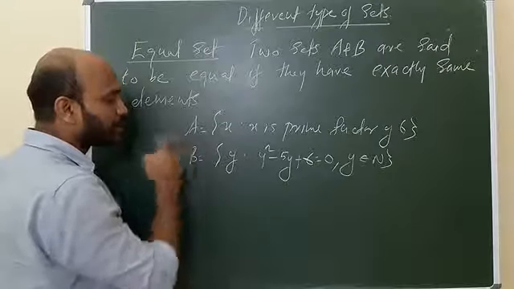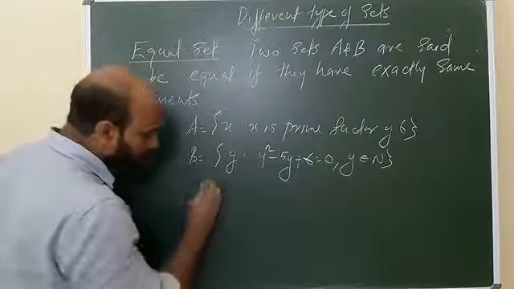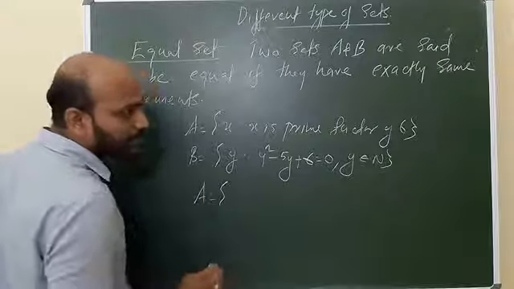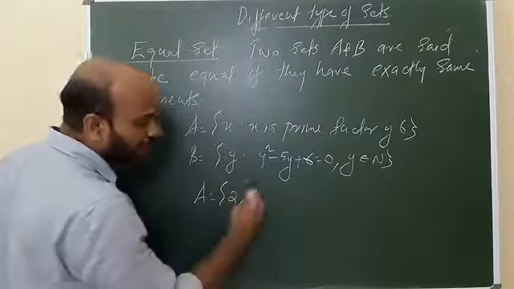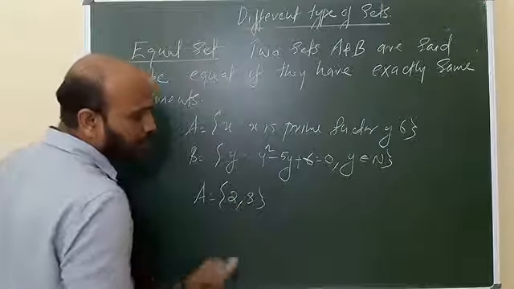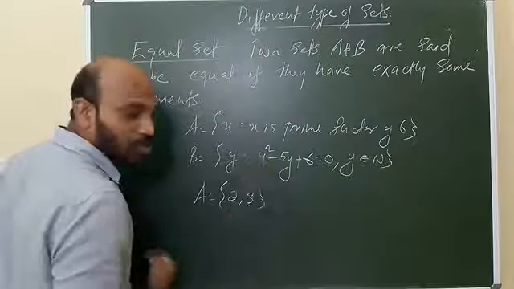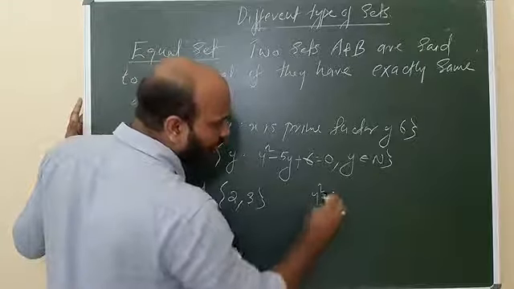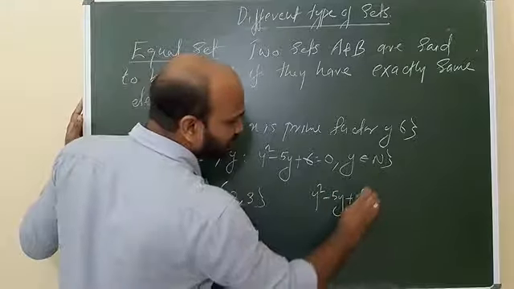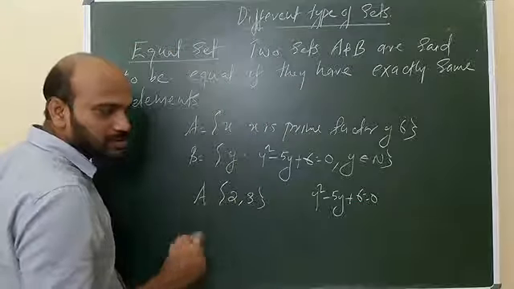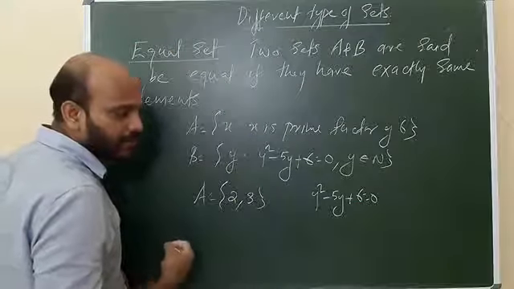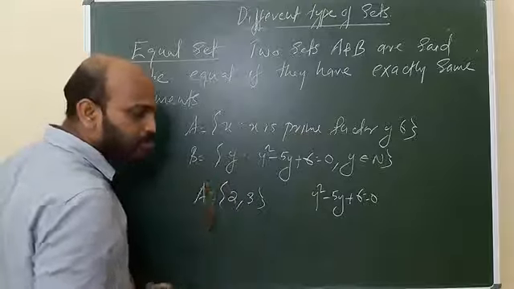First we can represent A in roster form. So all prime factors of 6. So this is 2 and 3, right? Now in order to find the elements of B, you have to solve this quadratic equation. y square minus 5y plus 6 equal to 0. You have to find two numbers with product equal to 6 and sum equal to minus 5. The numbers are minus 2 and minus 3.